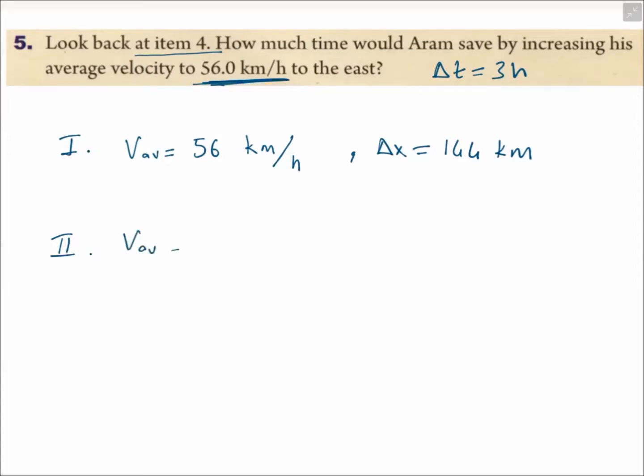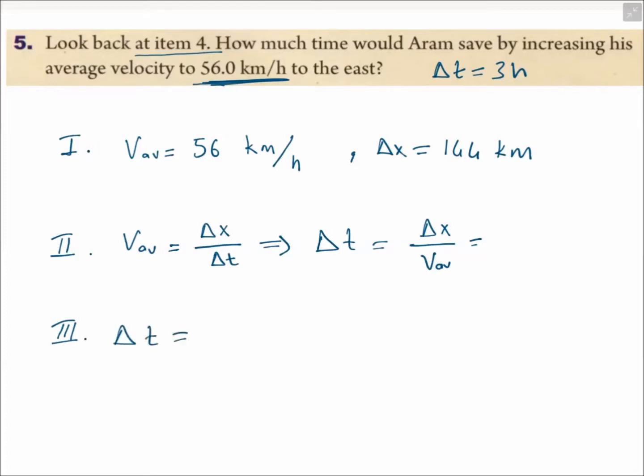V average equals delta x over delta t, and now I'm going to calculate the delta t. Delta t equals delta x over v average.